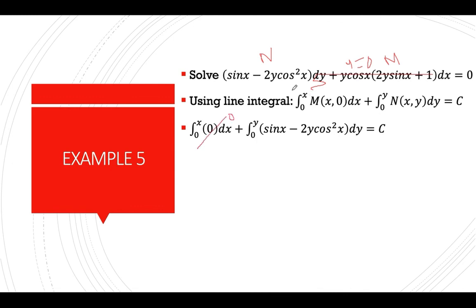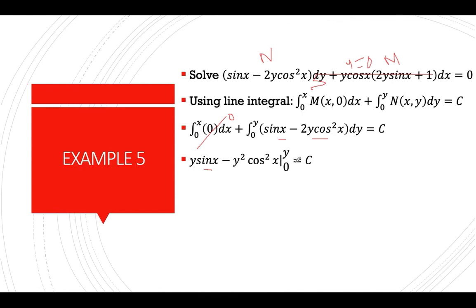And then you have N of x, y, so sine x, and then minus 2y cosine squared x. And then integrate partially with respect to y, so x is constant, so sine x is constant, so copy, integral of y, integral of constant is y times constant, integral of 2y is y squared, so the 2 will just cancel out here.